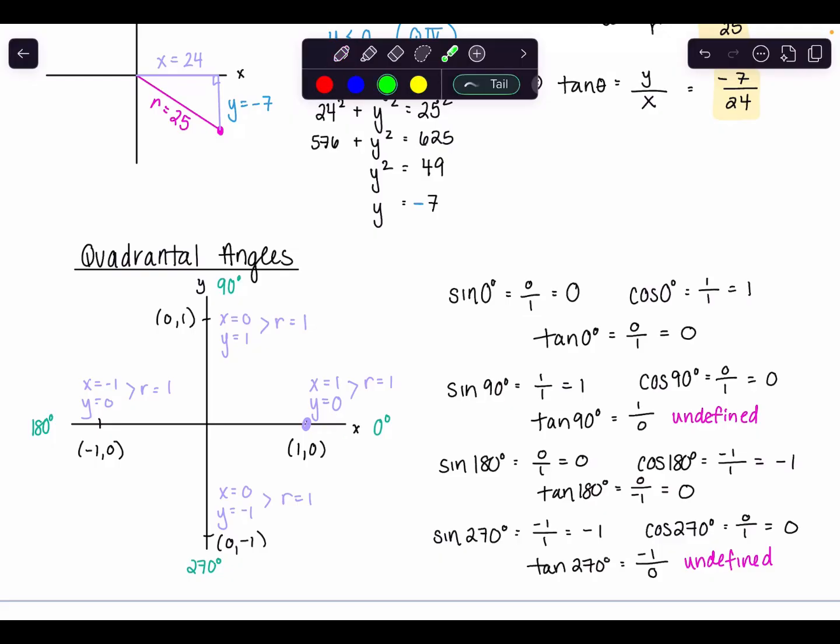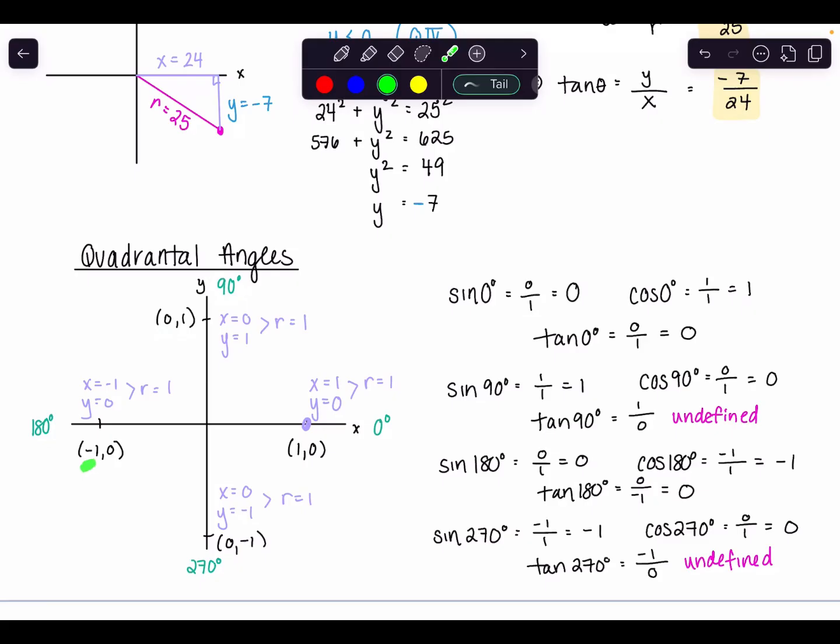So hopefully you notice something nice actually happens when you look at 0 degrees. You get the point (1, 0). That's what it goes through. It's exactly the value of those trig functions at 0 degrees. When you look at sine and cosine of 90, sine of 90 is 1, cosine of 90 is 0.